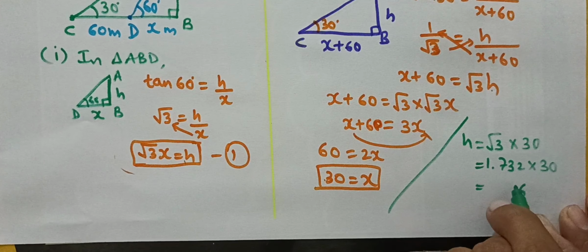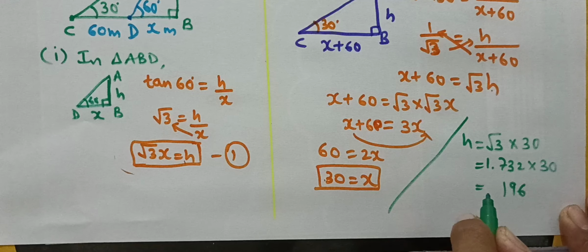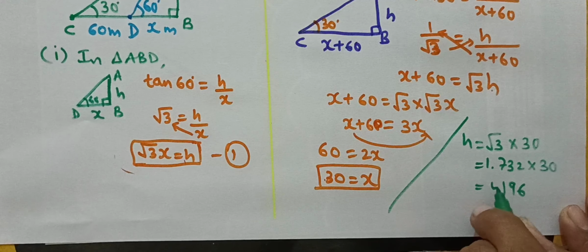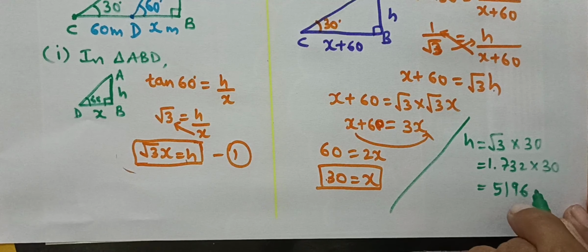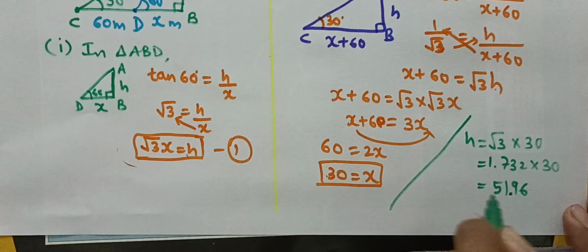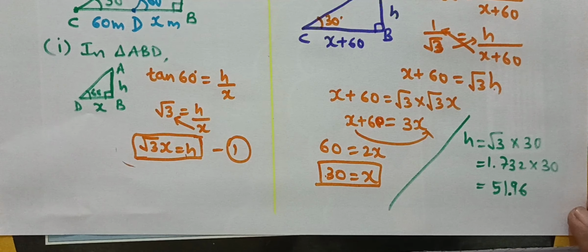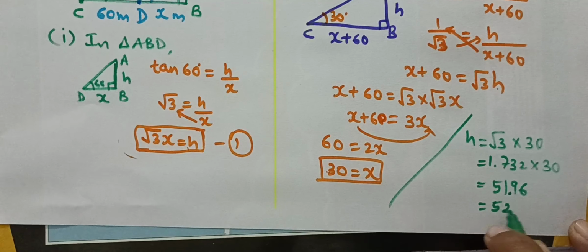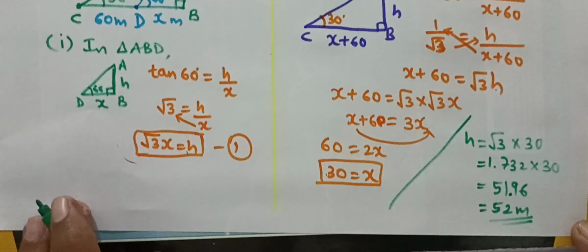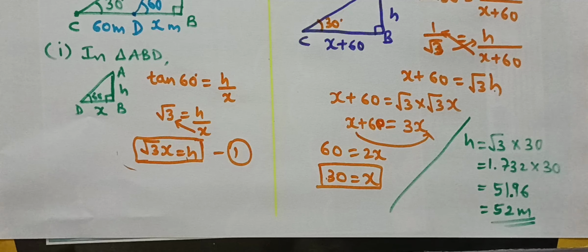So 6, 9, 21 and 5. Then after we have to put the decimal point before 3 digits. So 51.96, the final answer in decimal form. We want the answer in nearest meter, so finally I can write 52 meter if I do rounding off.